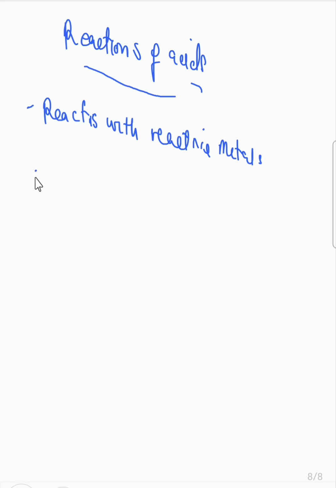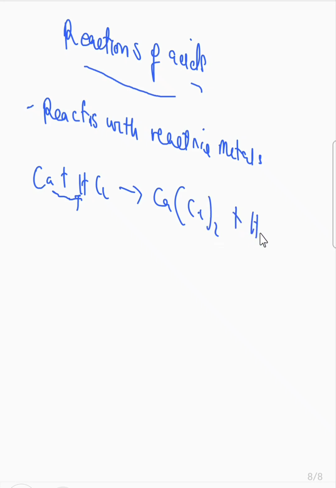When calcium reacts with hydrochloric acid, HCl, the calcium metal is going to displace hydrogen from its compound. So where there is hydrogen, you're going to have the calcium. So we're going to form calcium chloride. The hydrogen will remain alone here as a molecule. That's just one example I'm going to give here.